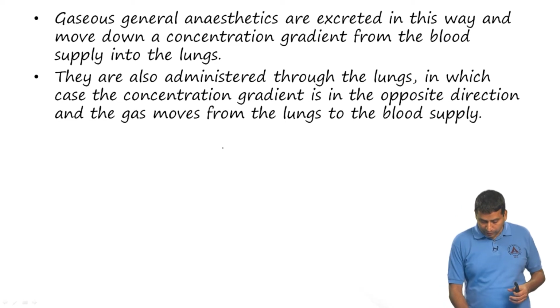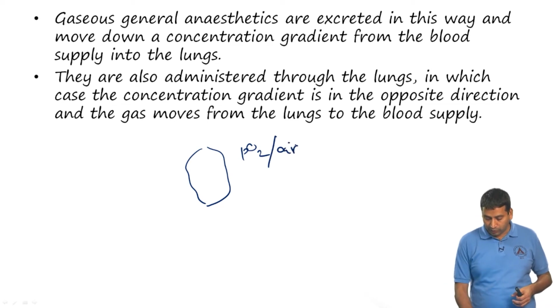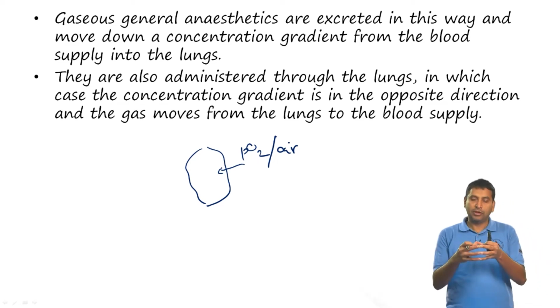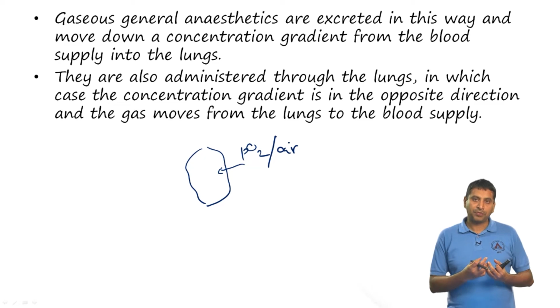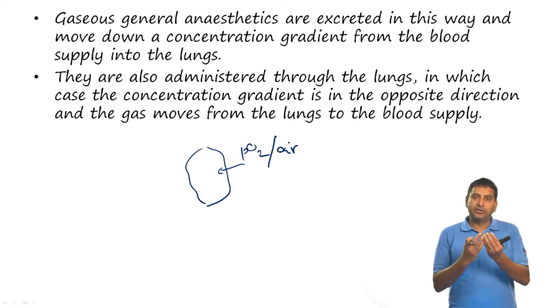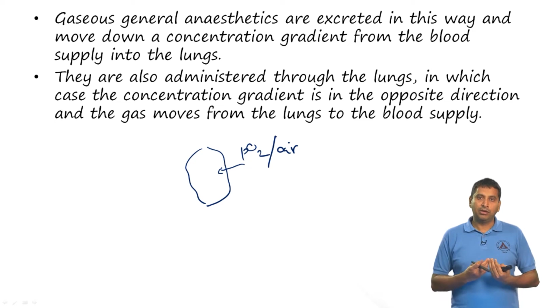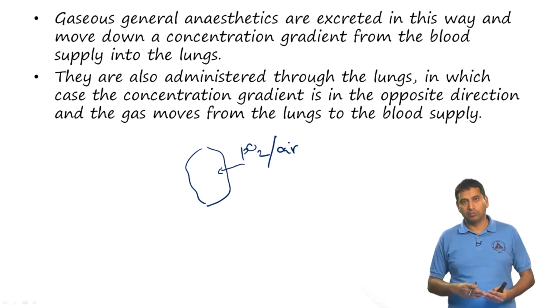Typically in the lungs, there is a partial pressure of oxygen or of air, and the oxygen moves from a higher partial pressure to a lower partial pressure. So, when you have deoxygenated blood, oxygen from the air is getting into the blood, right. Now imagine a similar situation wherein the general anesthetic is coming into the lung, it is going to get into the blood supply because the partial pressure of the anesthetic is lower in the blood.